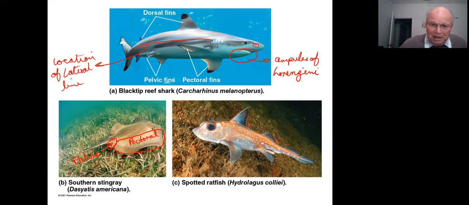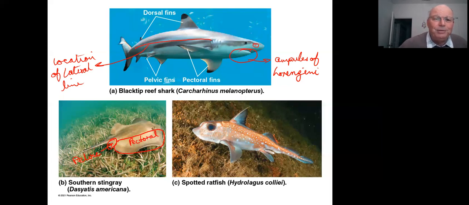The exceptions are the largest rays, like the manta rays, that filter feed and feed on krill. And this is one of the most remarkable things. The largest rays, the manta rays, and the largest fish, the whale shark and the basking shark, are all filter feeders feeding on krill.